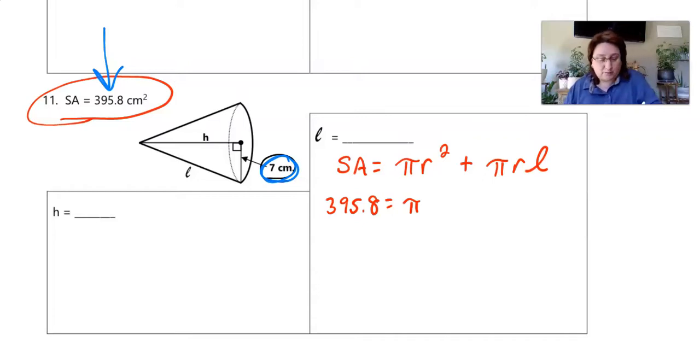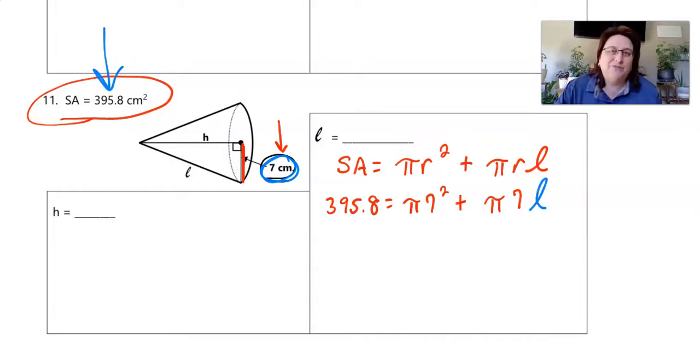The radius is right here, that is the 7. So 7 squared plus pi, plug in the radius again, 7, and then L. Now, we don't know L. This L that I just put there in blue is our unknown variable. That is what we are going to solve for.